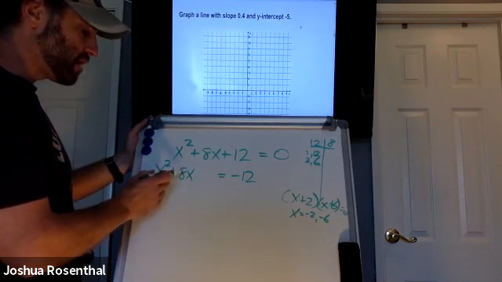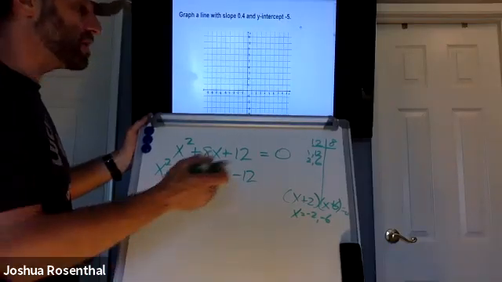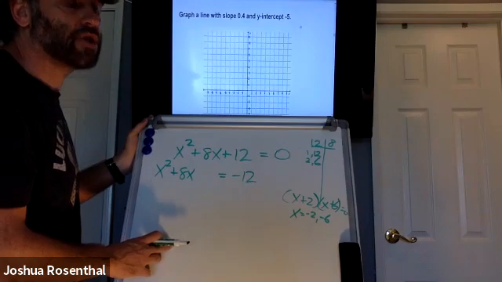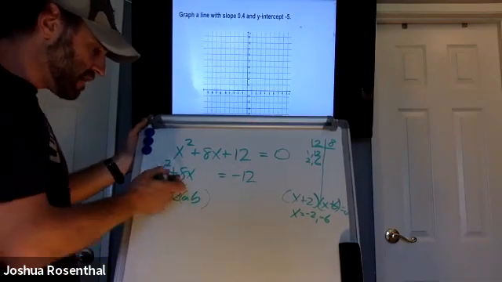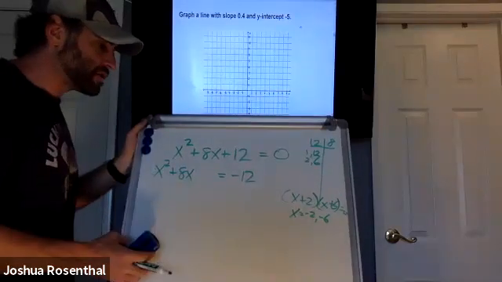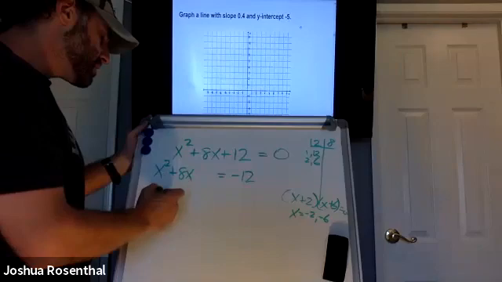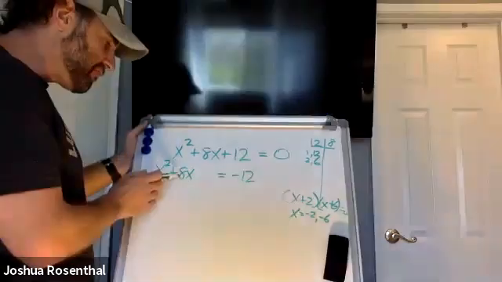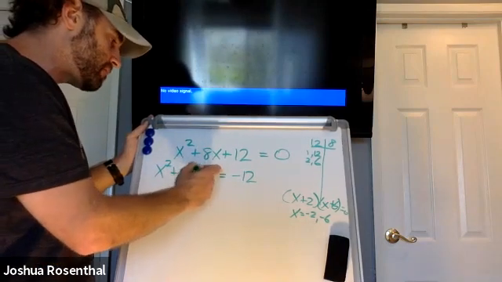Remember in the last example it was 3x times 2, so the middle term is 2ab. What 2 of something gives you 8x? 2 of 4. So all you have to do is cut that in half, which is 4. Then 4 plus 4 gives you 8, and 4 times 4 gives you 16.